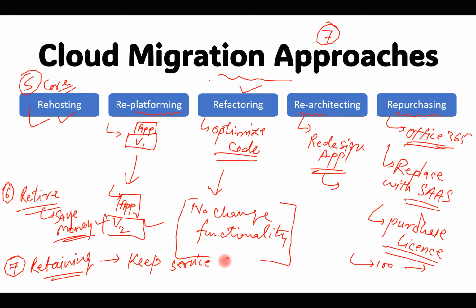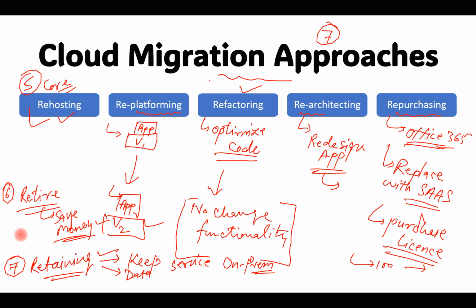So we need to identify those services which are not supported in the cloud, and at that time we will follow this approach. We will retain those services. There might also be some data that you don't want to keep in the cloud, you want to retain that data, then you can do it during this approach.